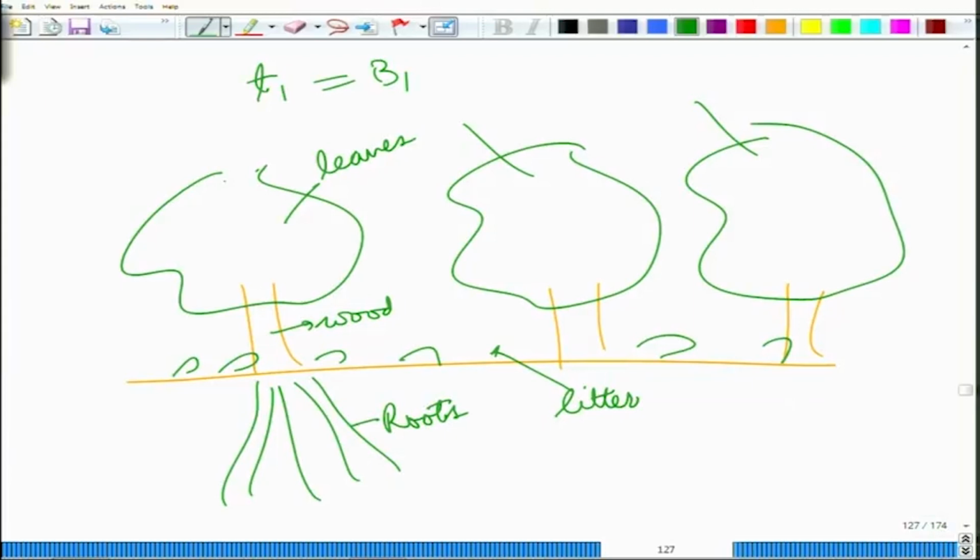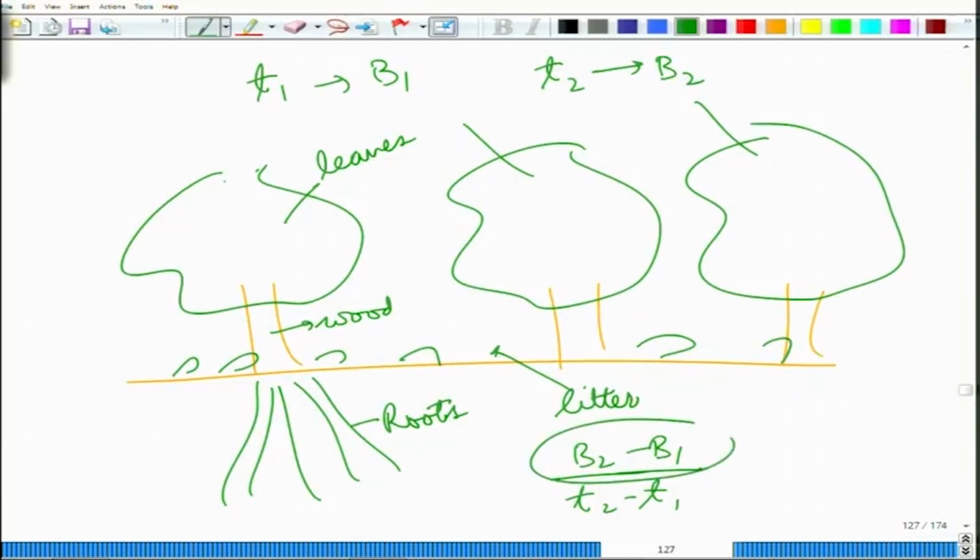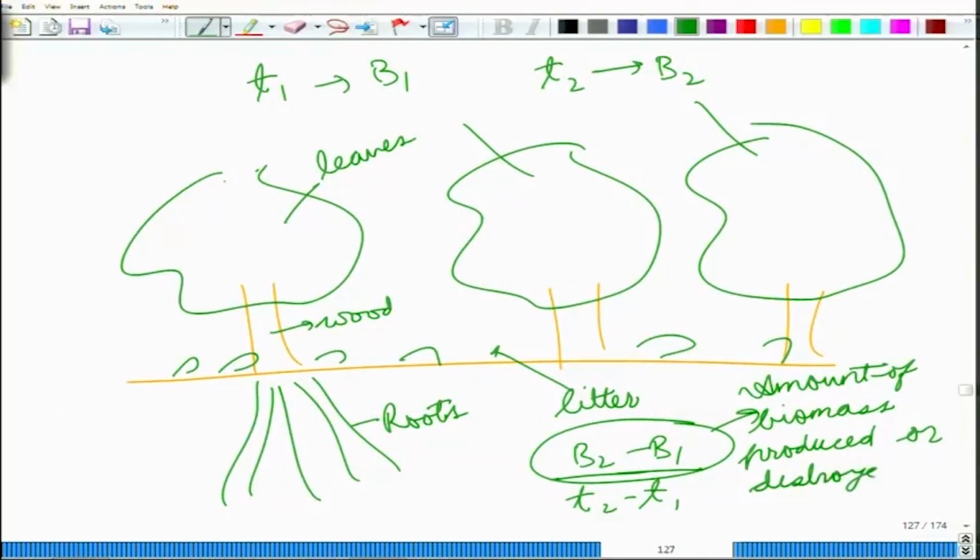Now, you go back to this forest after say 1 year and at that time, at time T2, you measure the amount of biomass and that is B2. Now, in this period of T2 minus T1 you have a total change of biomass of B2 minus B1. So, that is the amount of biomass that has been produced or destroyed, depending on whether it is positive or negative, in time T2 minus T1.